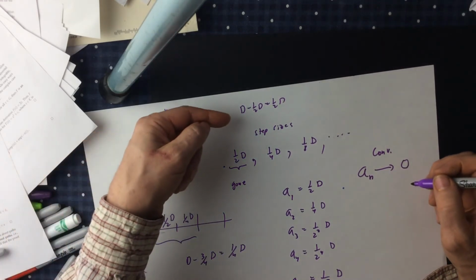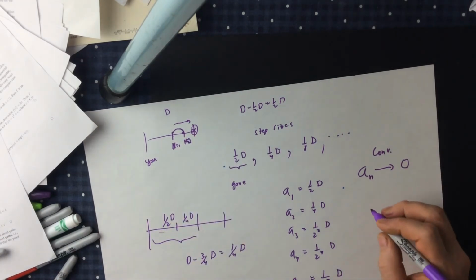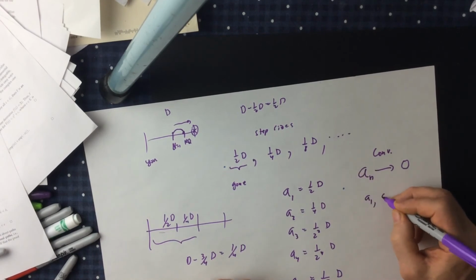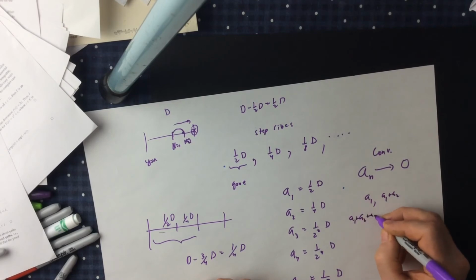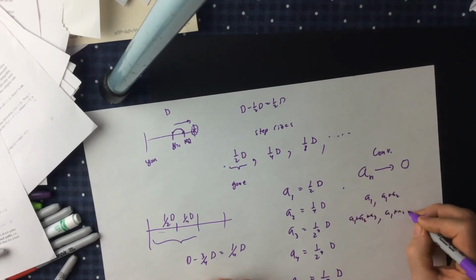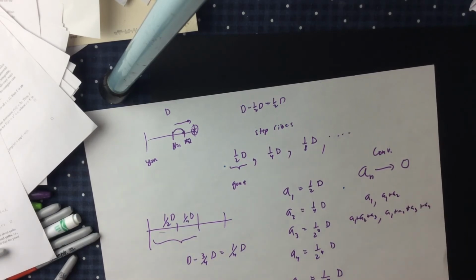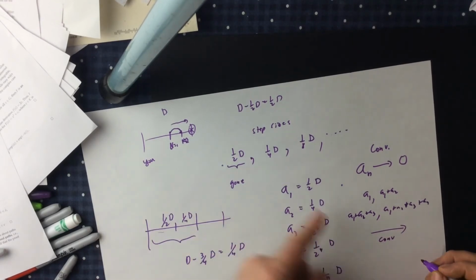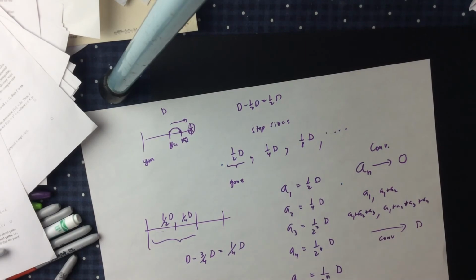Now we also say you are converging towards that point. That convergence is this: A1, A1 plus A2, A1 plus A2 plus A3, A1 plus A2 plus A3 plus A4. This is a sequence built from a sequence, which we can probably see is converging towards d, your total length. Two sequences, one sequence built from a previous sequence.